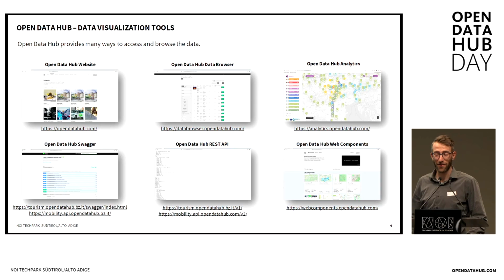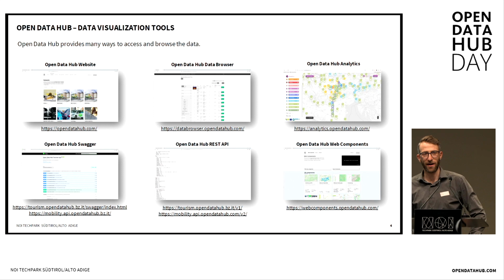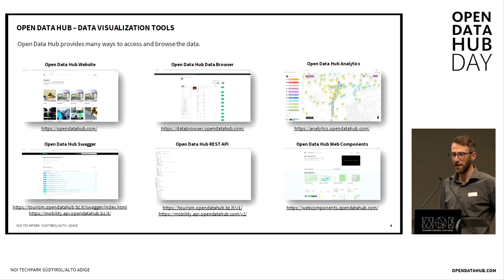Then we have the Data Browser 1.0, which is mainly focused on the content data that are mainly provided by the tourist data space. Then, as Roberto presented before me, we have Analytics, which is a tool created more for the sensor data or time series data, which are mainly related to the mobility domain.